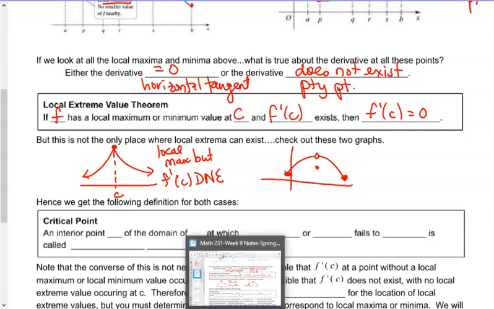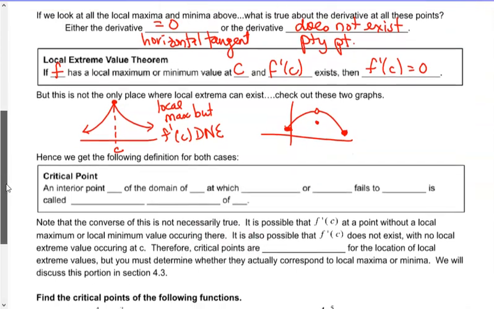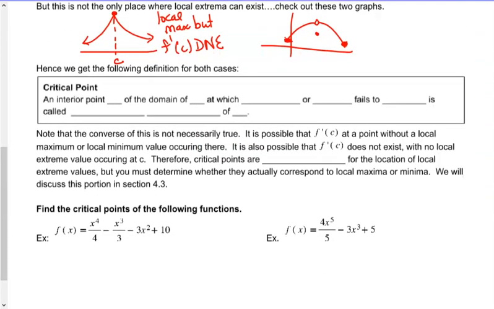All right, very good. So, hence we have the following definition for both cases. And this is where we get our idea of critical points. Critical points are important because they're going to help us find these max and mins.